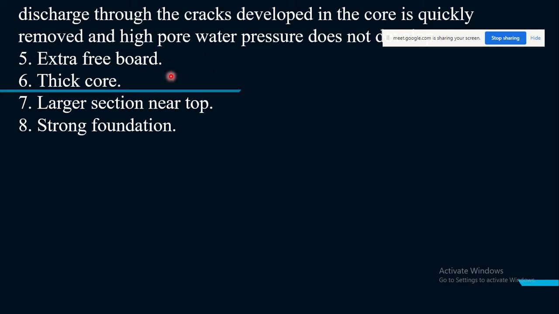We said previously that the freeboard should be at least 1.5 times the height of the wave, and a minimum value should not be less than 2 meters. There should be a thick core. Thick core, this is the impermeable layer. There should be a larger section near the top and a strong foundation, depending on what you are using the crest for. If it's used for roadway, you also have to provide for that. So this is the end of this part.